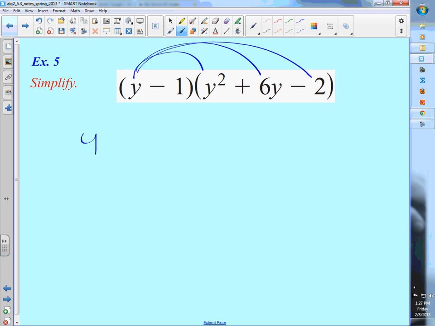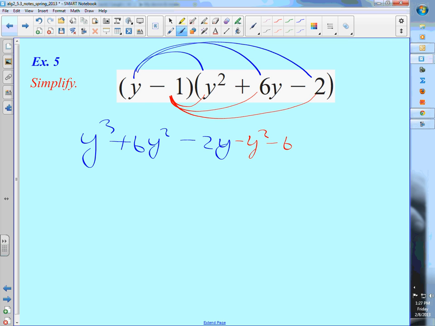And you're going to get y to the third plus 6y squared minus 2y. And then you're going to distribute the negative 1. And you're going to get negative y squared minus 6y plus 2.